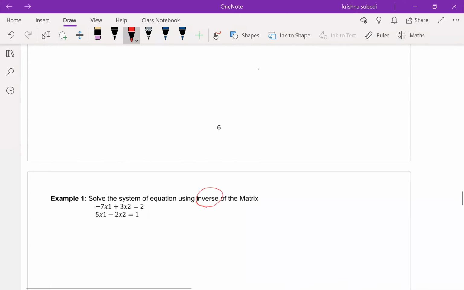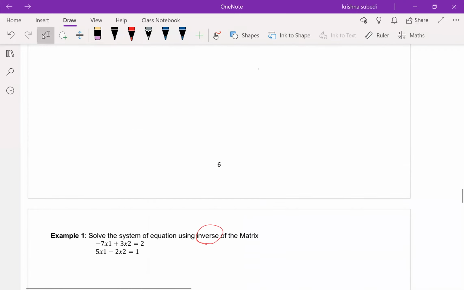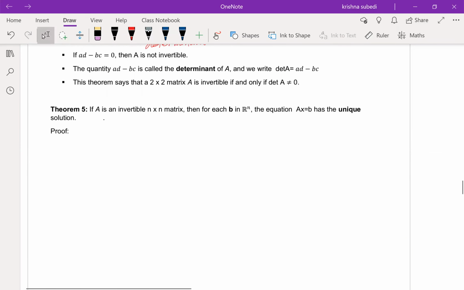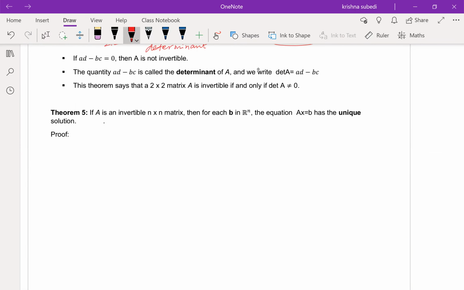Now here is one theorem, keep that in mind. The theorem tells us that if A is an invertible n by n matrix, then for each b in Rn, where Rn means n-dimensional real space, and we'll talk about this later, the equation Ax equals b has a unique solution.